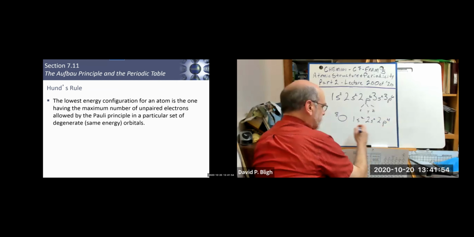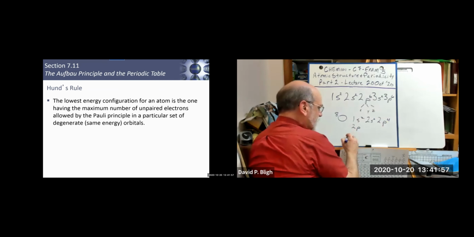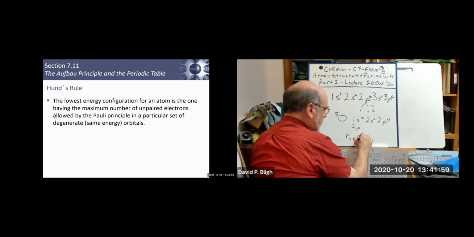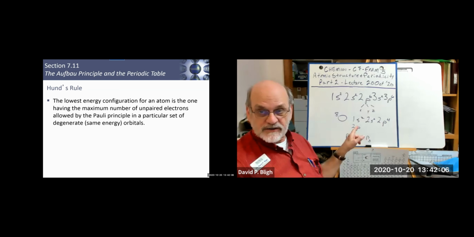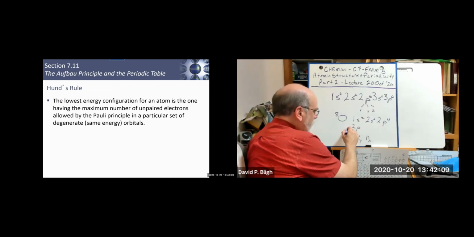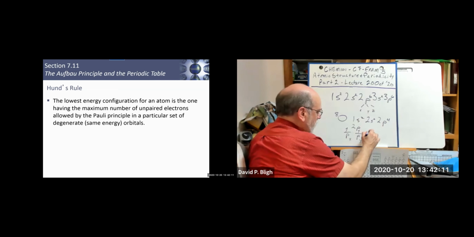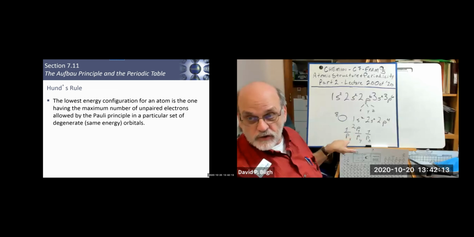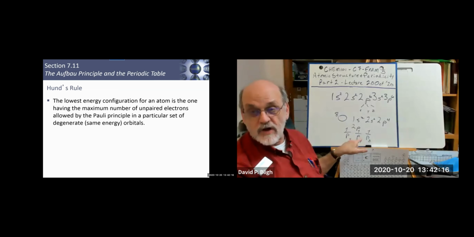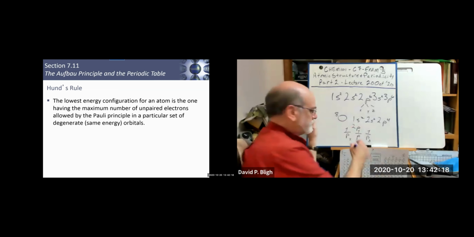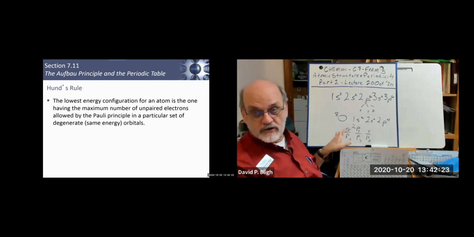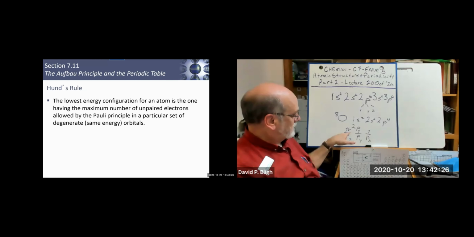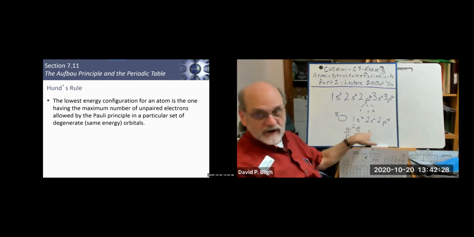So let's take this P. You can have a P sub X, a P sub Y, and a P sub Z. Okay? And if you have 4 electrons that go in there, Hund says that you have 1 here, 1 there, 1 there. You have to get those put in first. Then if you have any left over, you can pair them up. So that would be a more refined structure for oxygen and its p orbital. You have 2 in this one, 1 in that one, and 1 in that one.